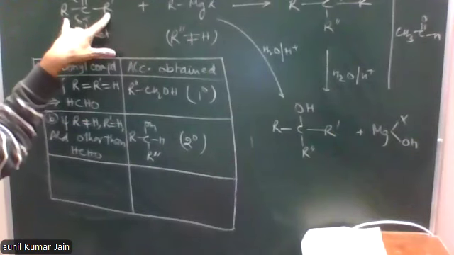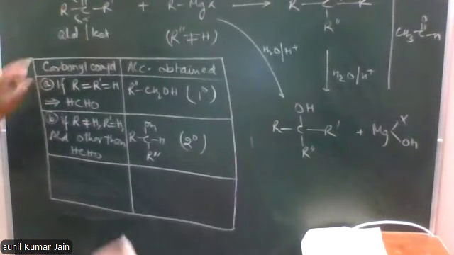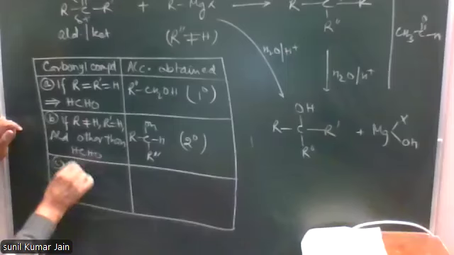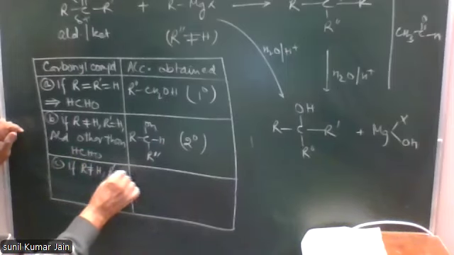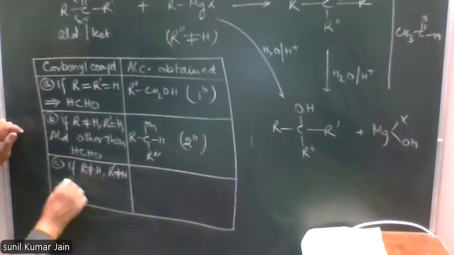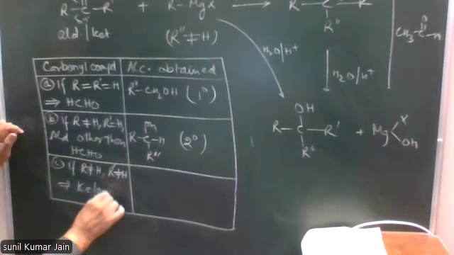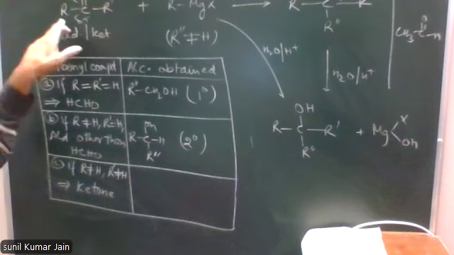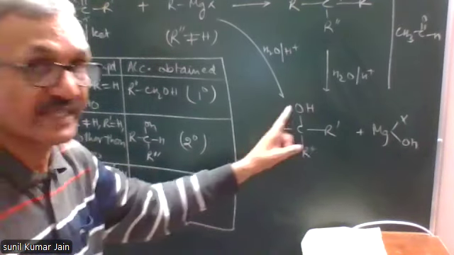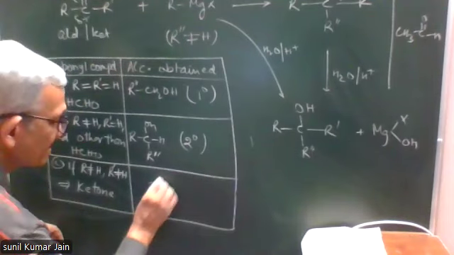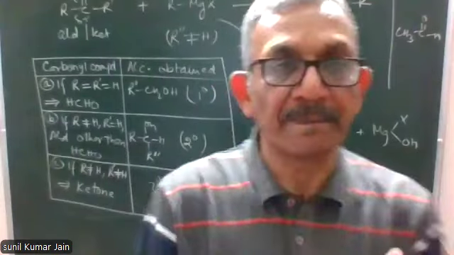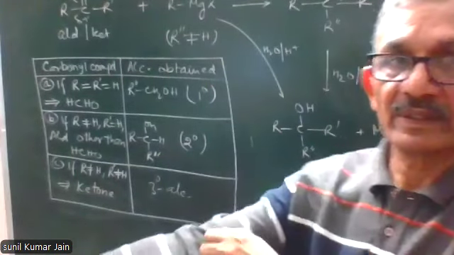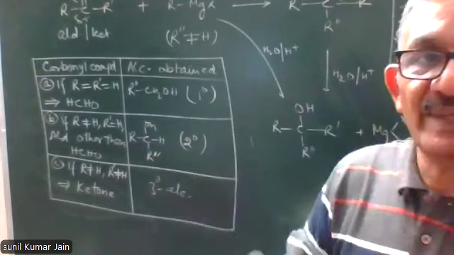Last case. Last is when none of these two is hydrogen. If R is not hydrogen and R' is not hydrogen, then this is a ketone. And if this is a ketone, the product is a tertiary alcohol. Now look at this table quickly.